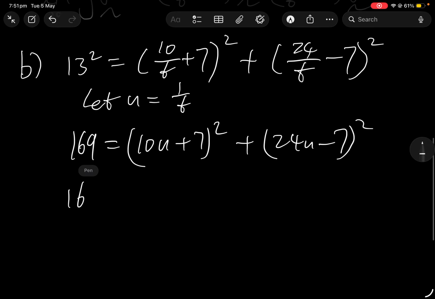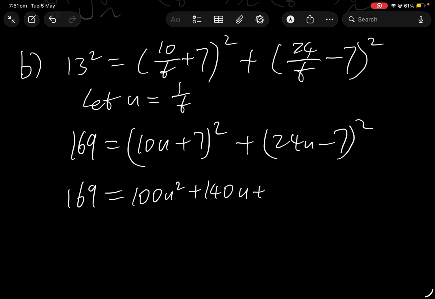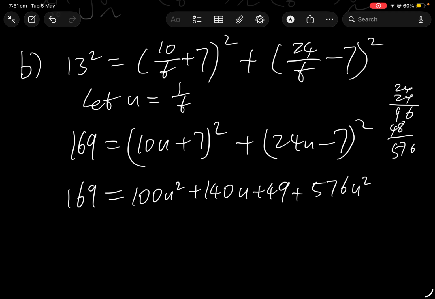Expanding that, 169 equals 100u squared plus 140u plus 49, plus 576u squared minus 336u plus 49.